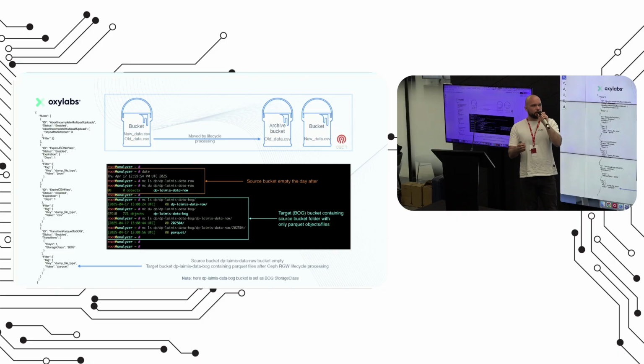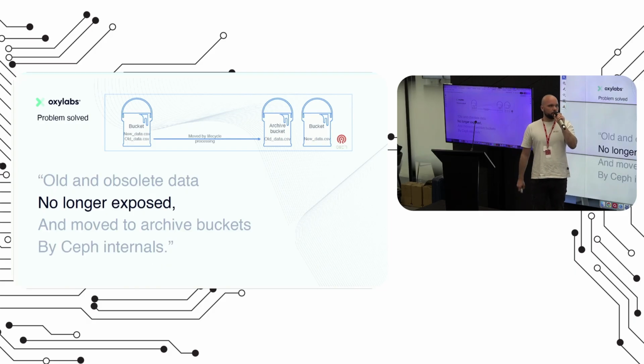And then you have a target bucket, which will contain your original bucket's folder with all the Parquet files, all the objects, and all of them are stored just as you would expect. So with this, we can say that we solved our problem. We have a solution where all the obsolete data gets removed from your bucket and stored into an archive bucket. And the best thing about this is you don't have to use any third-party tools.